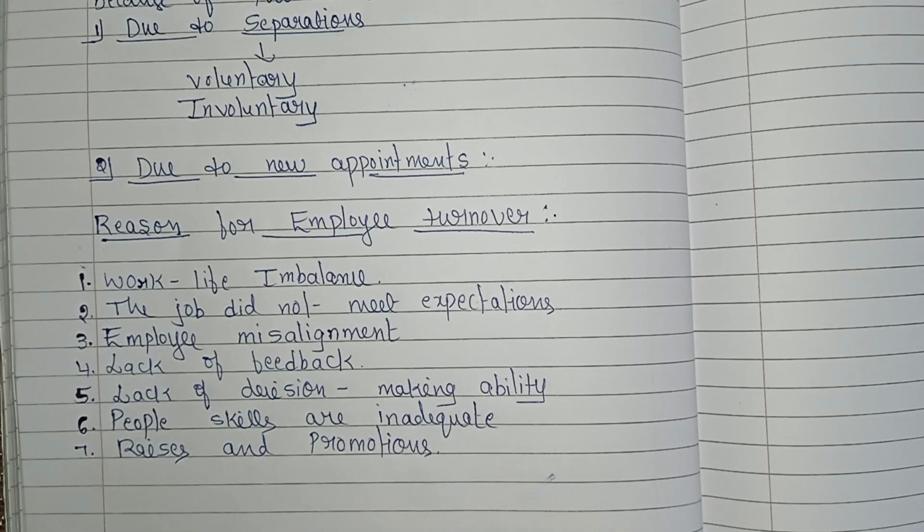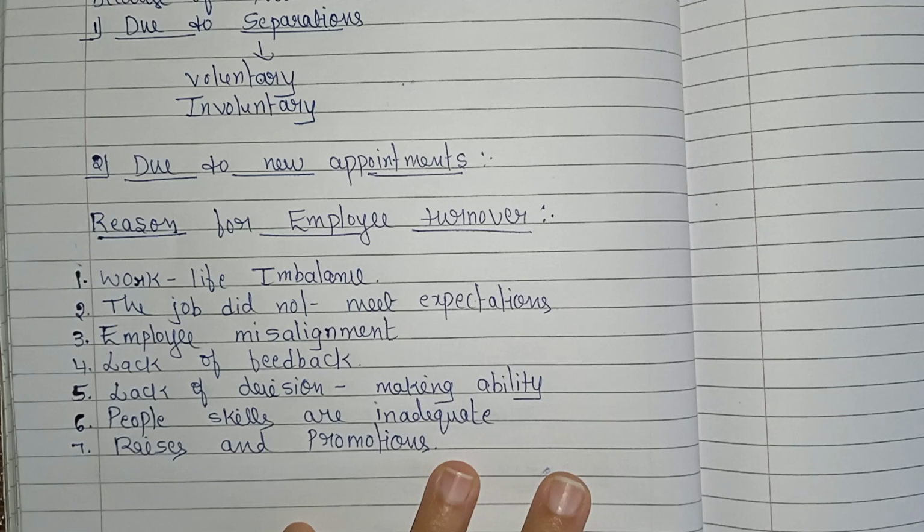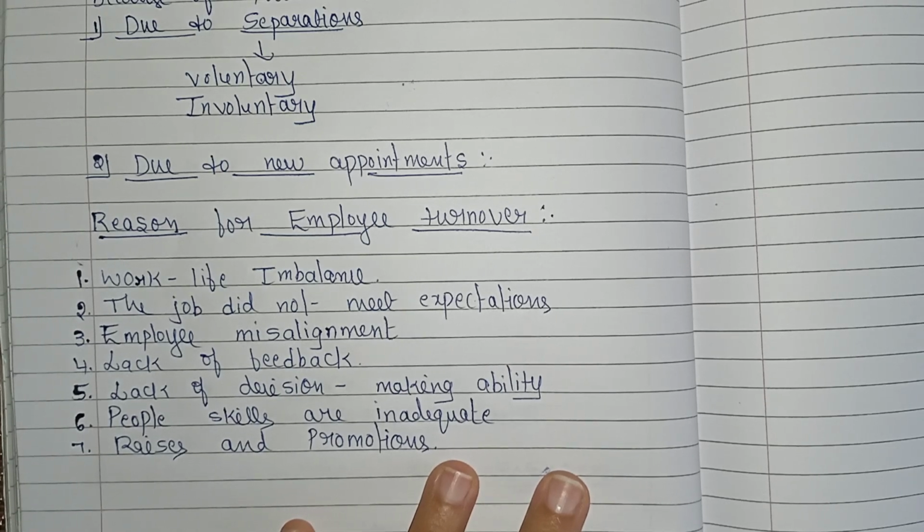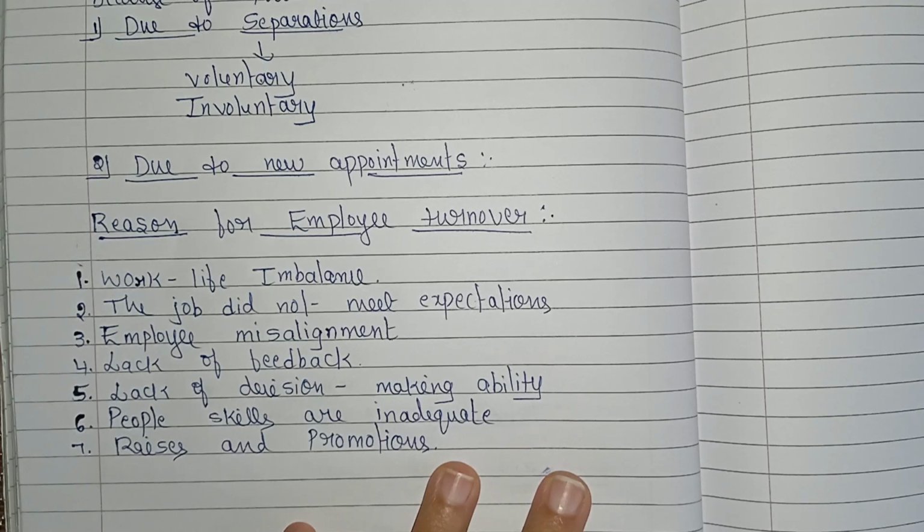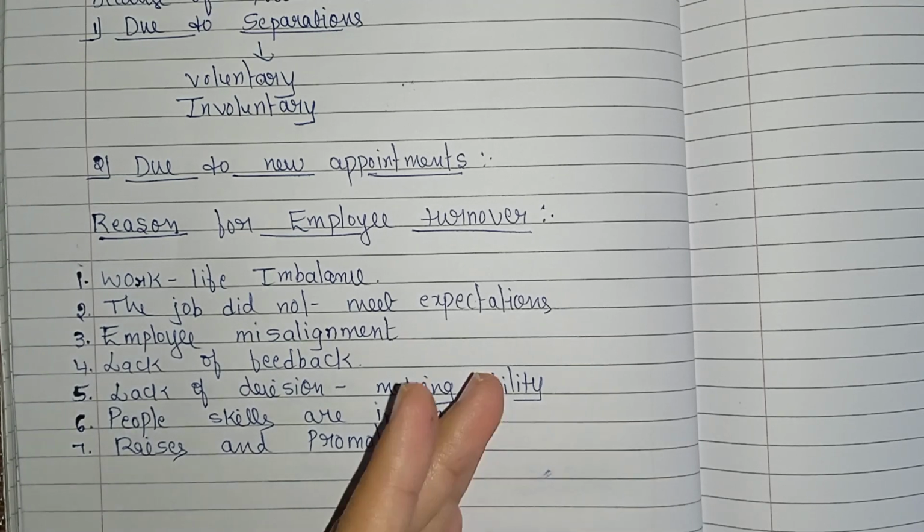So when employees work very hard but are not receiving any salary increases and promotions over time, they feel unrecognized and undervalued. This lack of growth and reward leads them to look for better paying jobs or companies that offer career advancement.